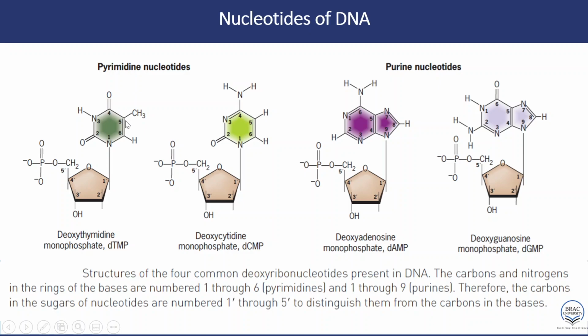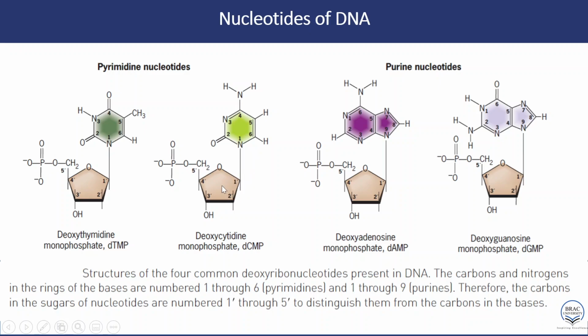These are mainly joined together by a phosphodiester bond. We'll see that. And also note that the numbering starts from this nitrogen position, this base position, 1, 2, 3, 4, 5, 6, and then the numbering starts from this ribose sugar.